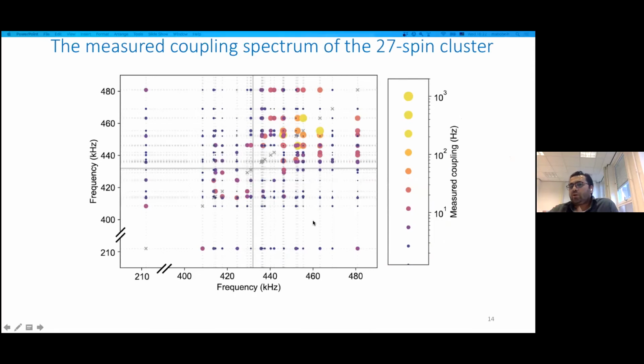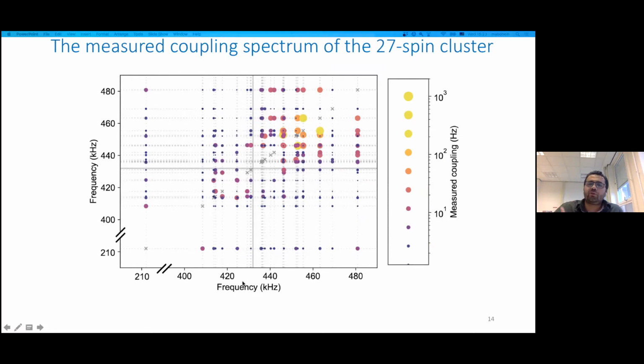So we did this experiment. For the device that we are using throughout this work, this is the coupling spectrum or table that we got. We detected 27 carbon-13 nuclear spins and measured the coupling between them. This measurement took roughly 350 hours.